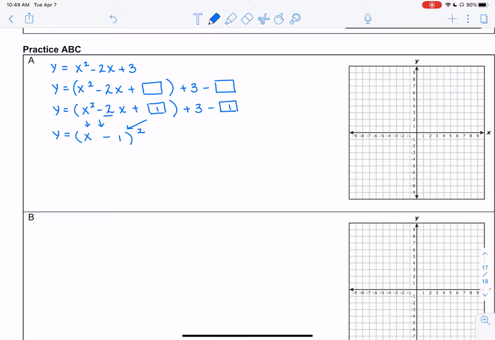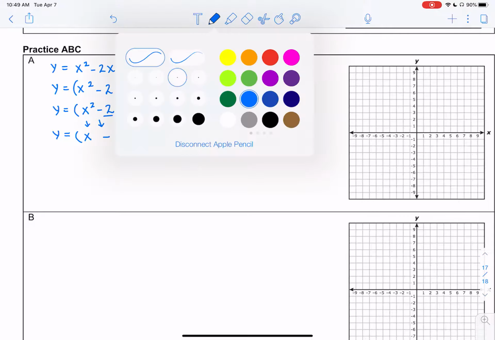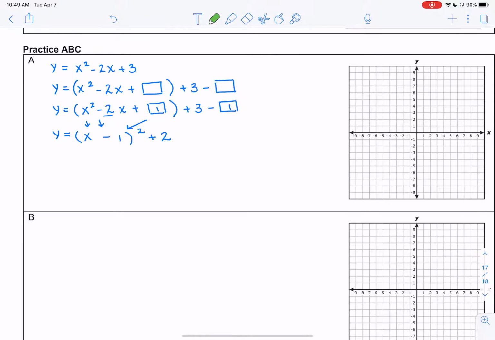The outside, I have a +3 and a -1, so that's going to become +2. Okay, so that's vertex form. The first x value here becomes the opposite. So it's a -1 as it is, so I change it to +1. And the y value stays the same. So my vertex is at 1, 2.